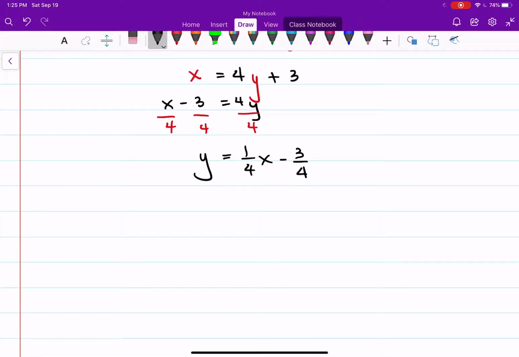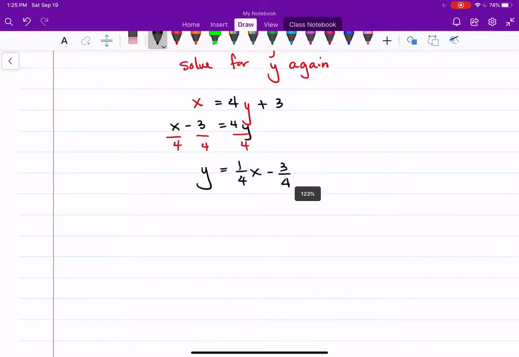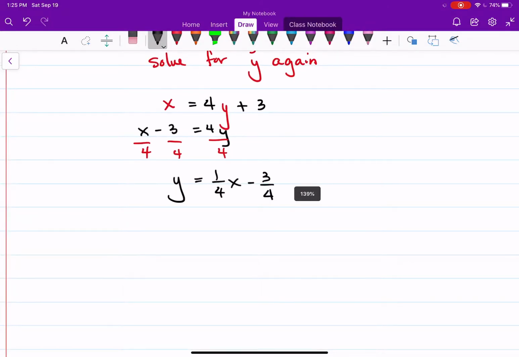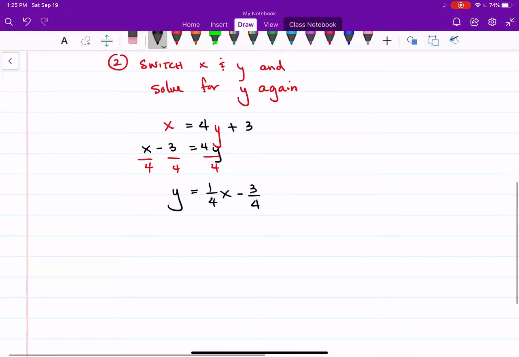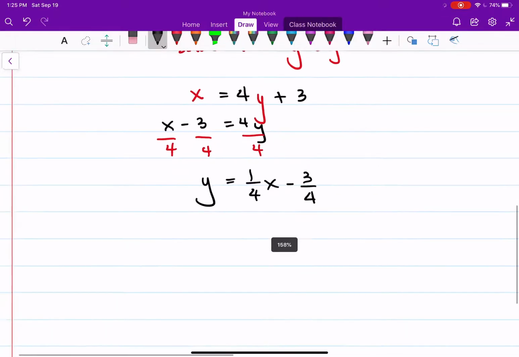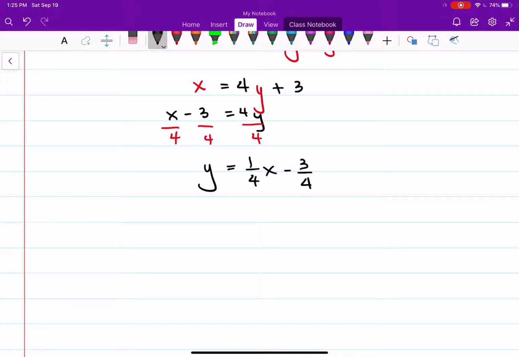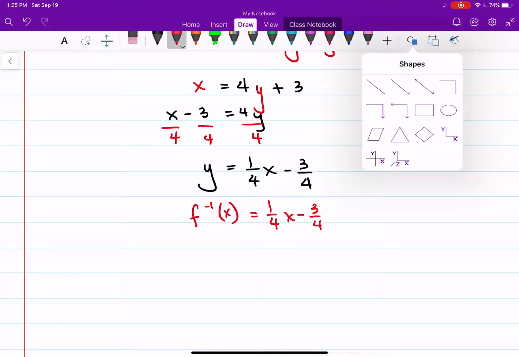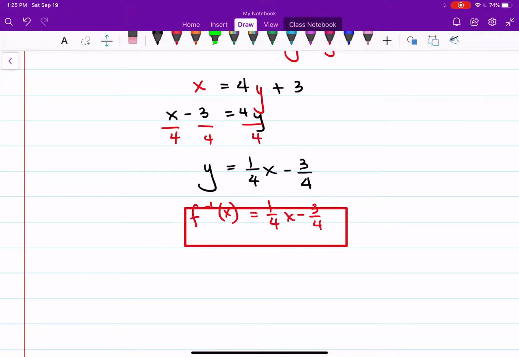So now I can say, well, I guess I can have two possible answers here, right? All depends on how I did that. Now I can call this f inverse of x is equal to 1/4 x minus 3/4. Okay, so there is my inverse of that function.